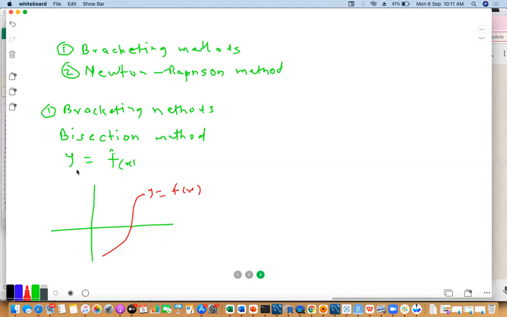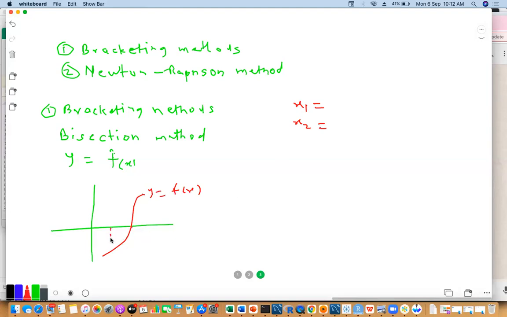But we want to find it by calculations, right? So in this method, we will take two initial guesses, x1 equal to some value and x2 equal to another value.